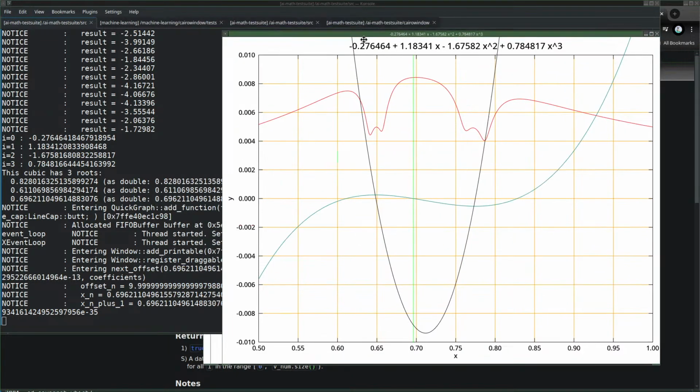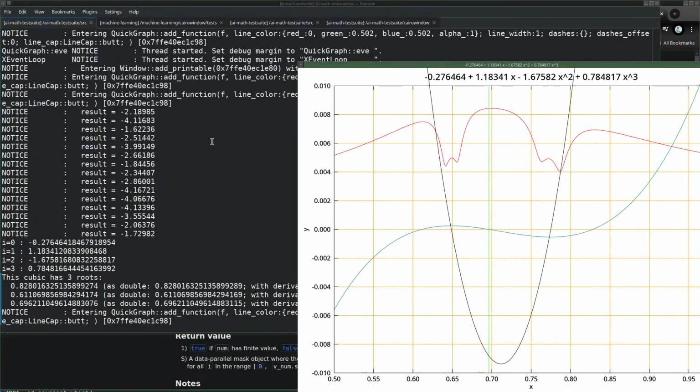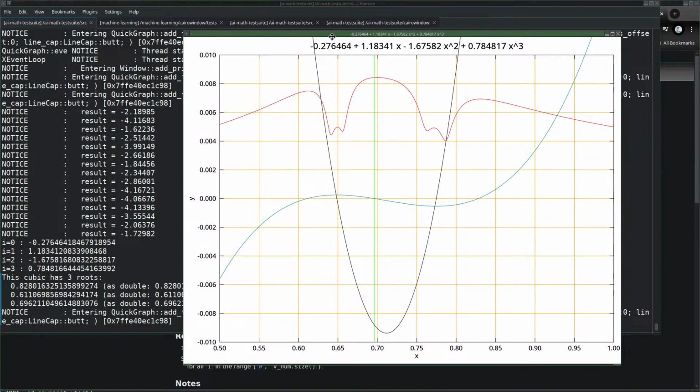Negative values. Pretty large negative values. Okay, so it's somewhere down here, but I forgot to take the inverse.